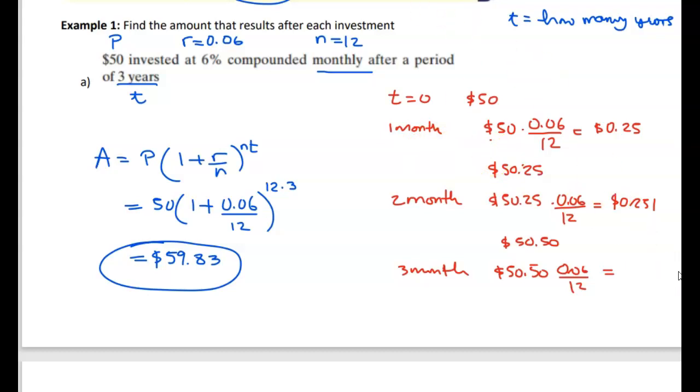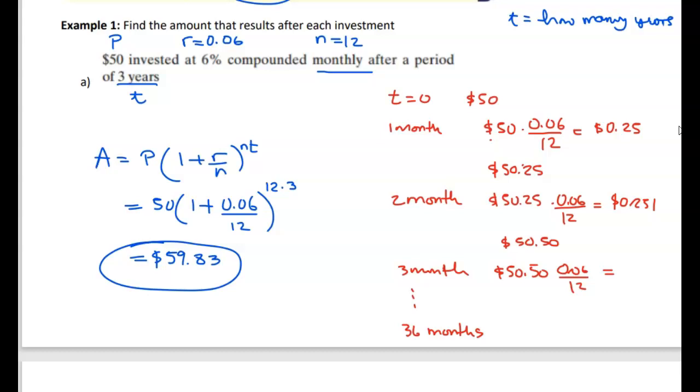Okay? So you'd be doing these, because they're 3 years, you're going to be doing this every month for 36 months. But we don't need to go through all these calculations step by step, because this is what the formula does.